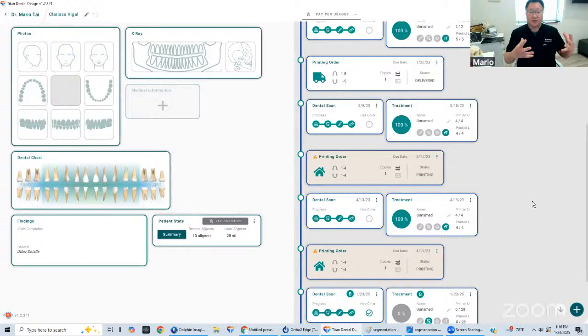So we have a library of attachments. A lot of people who've done a lot of cases tend to have their preferences, right? So you would pick the shape of your preference.